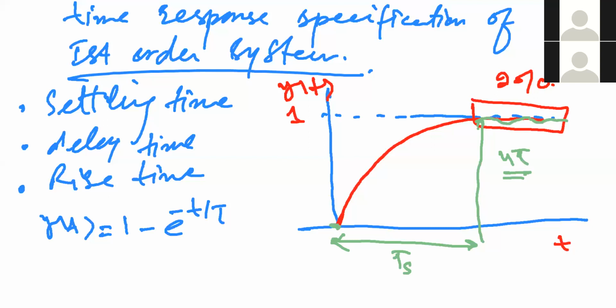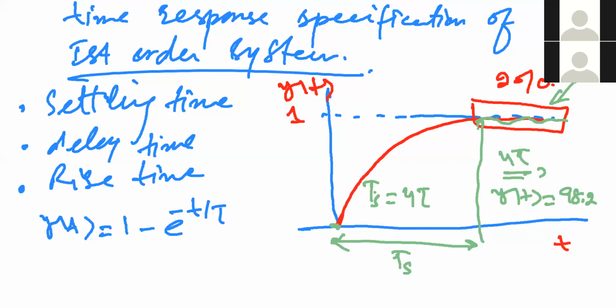So in 4 time constants, what is the value of y of t? The value of y of t is equal to 98.2% of the final value. So it is the region where we are achieving 2% of the final value. So the settling time Ts will be equal to 4 time constants.